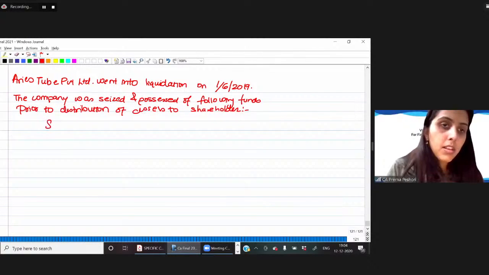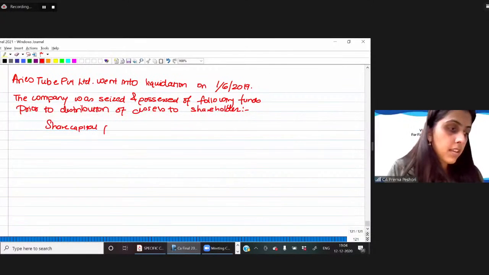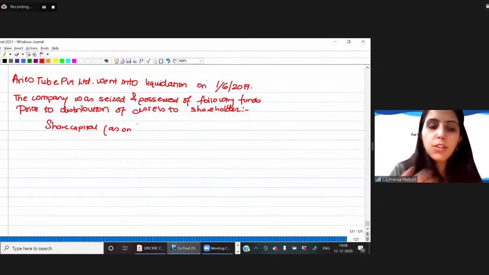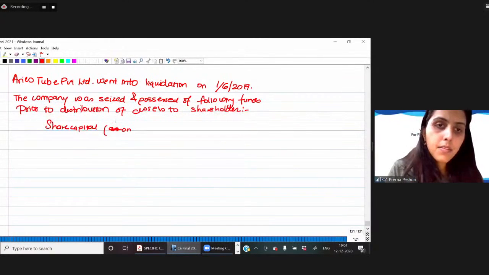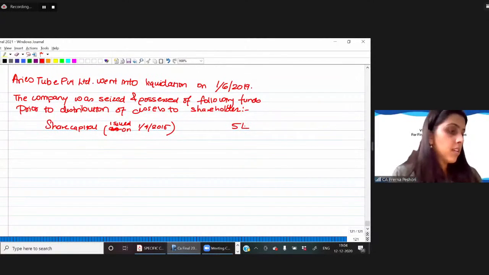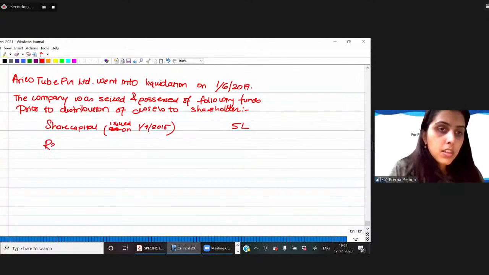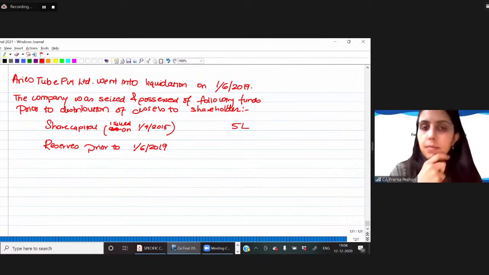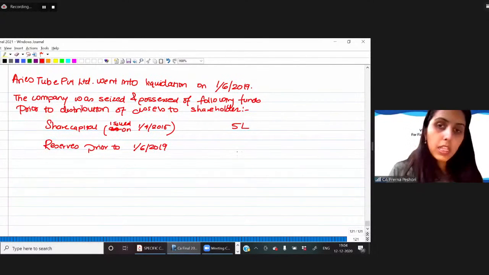Share capital issued on 1/4/2015, 5 lakh. Reserves prior to 1/6/2019, 3 lakhs.